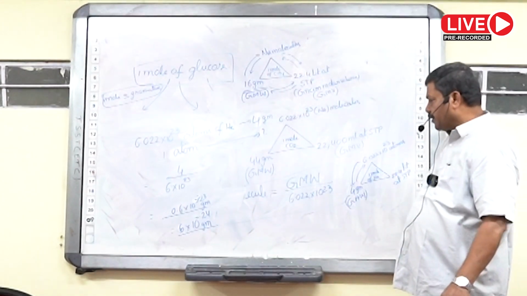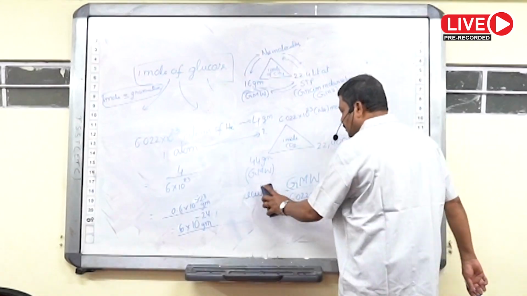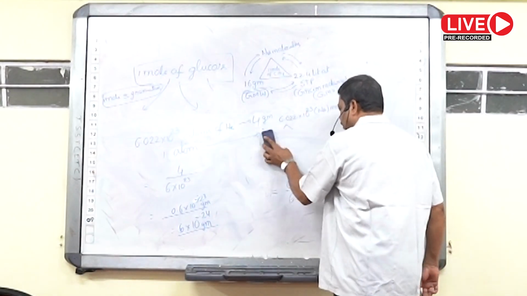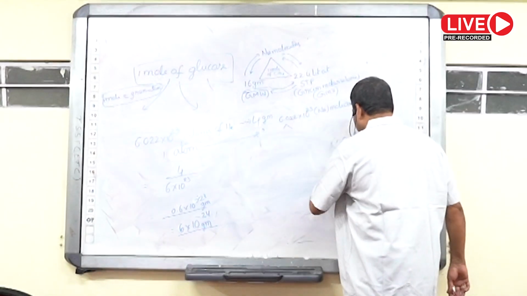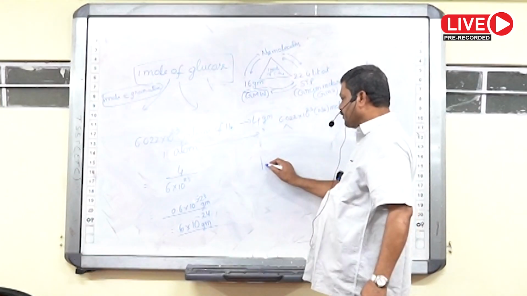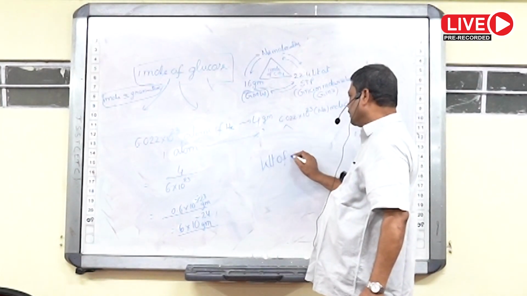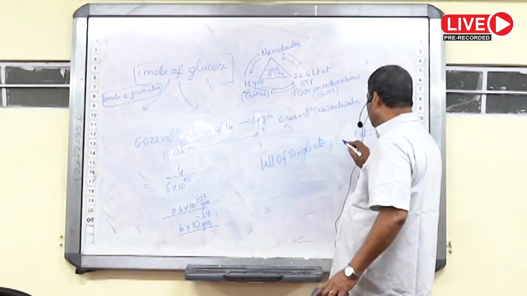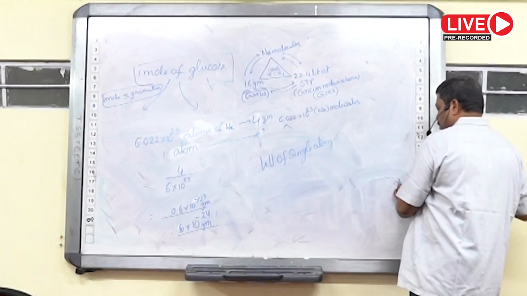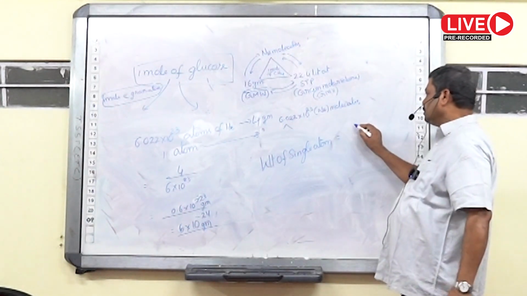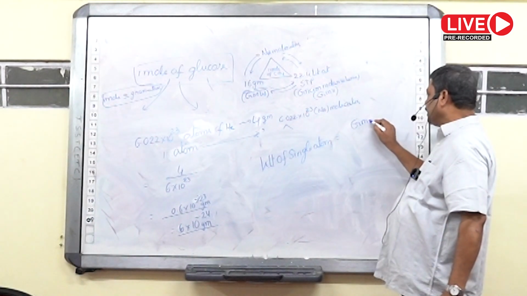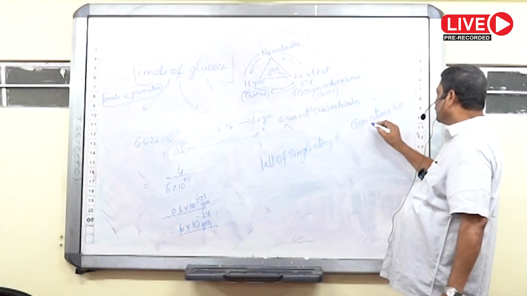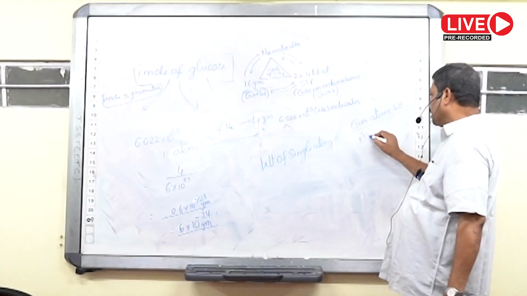So what is the formula for the weight of a single atom? What is the formula? So weight of a single atom is equal to gram atomic weight by Avogadro's number.